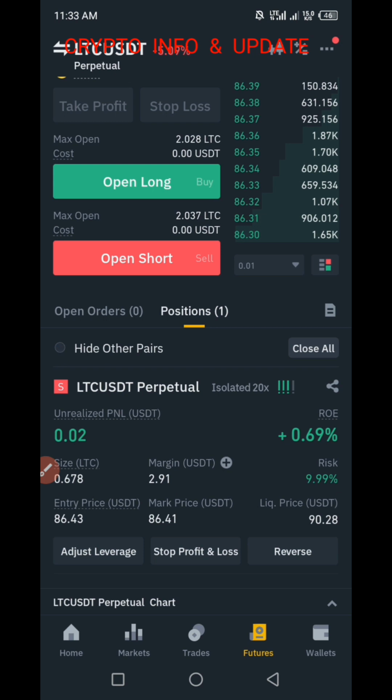The entry price for this first entry is 86.43.